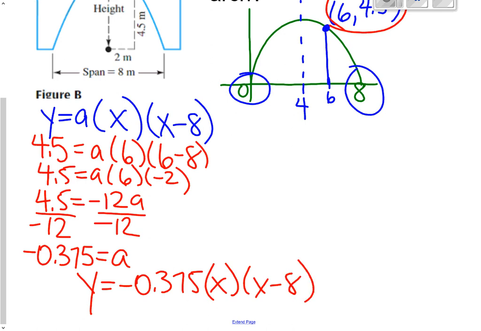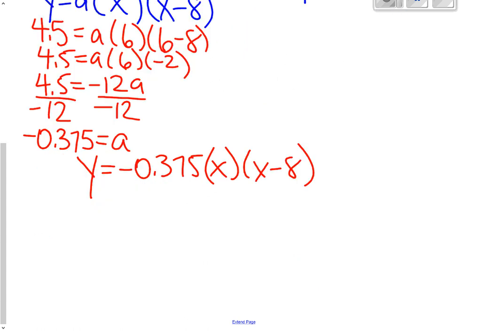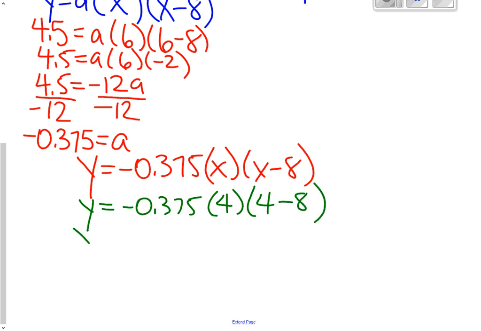All right. Now we know the maximum occurs at 4, comma, whatever. So let's actually go ahead and plug in a 4 for x, because 4 is our halfway mark between 0 and 8. So we know our vertex is at 4, comma, something.